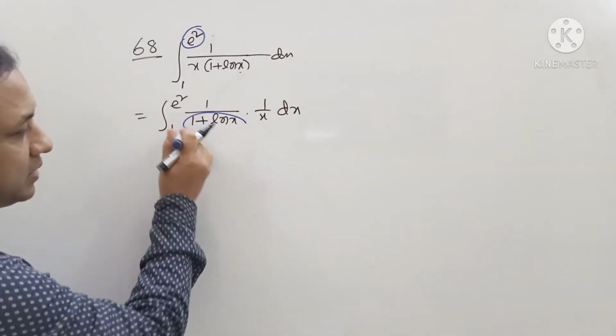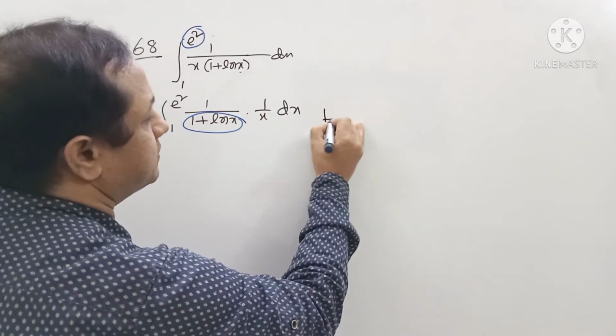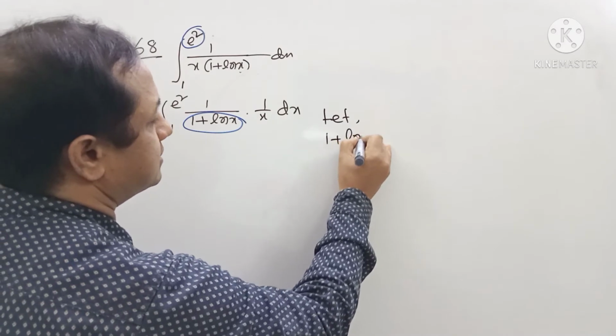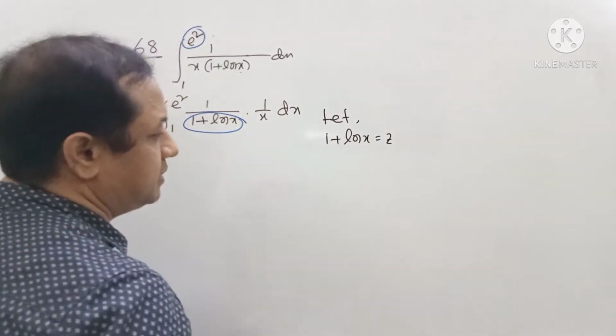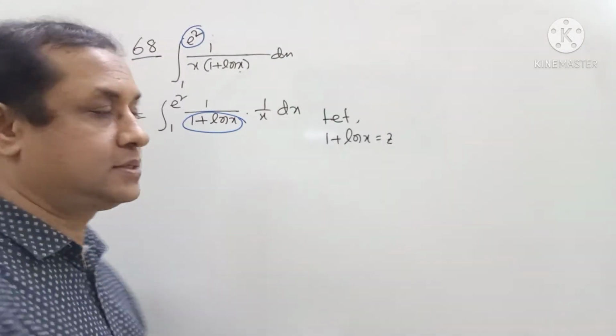Now let 1 plus ln x equal z. Student, attention please, 1 plus ln x equals z. Now differentiating with respect to x.